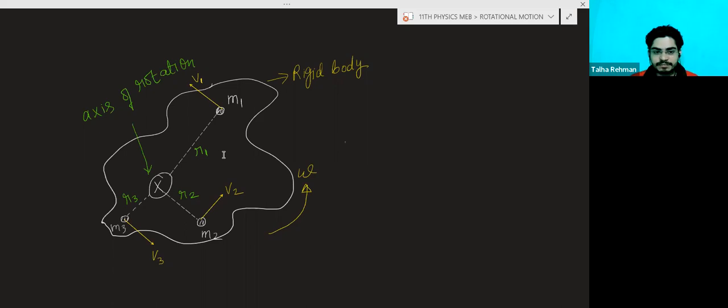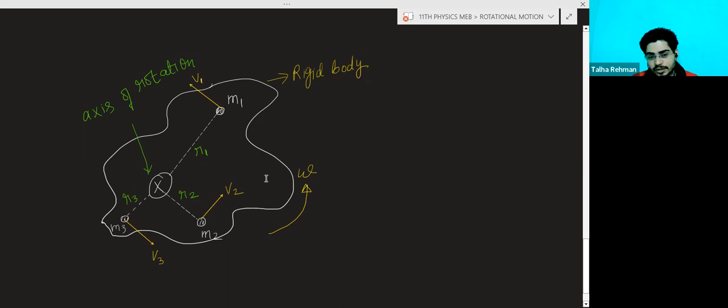This v1, v2, v3 can be different. For this mass m1, the angular velocity will be omega, but the linear velocity will be v1. For this mass m3, the angular velocity will again be omega, but the linear velocity will change, that is v3.